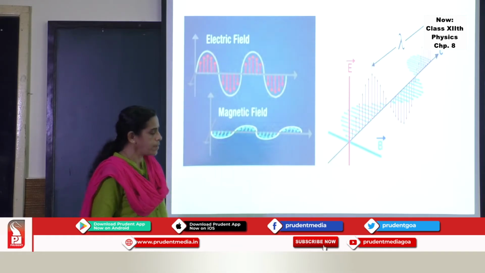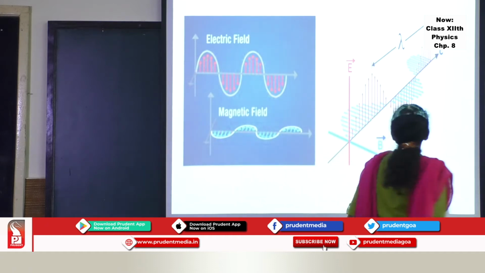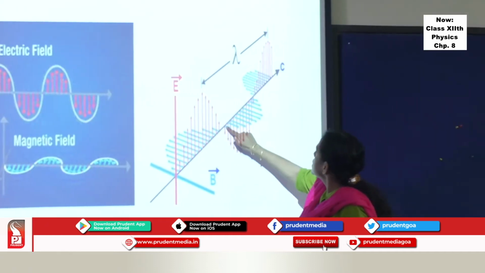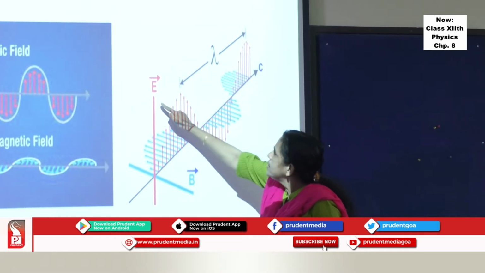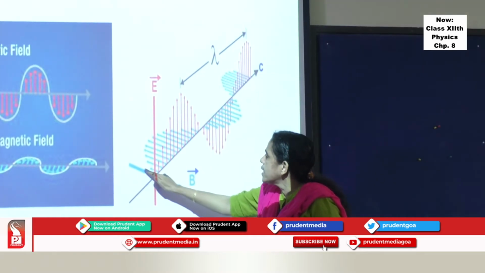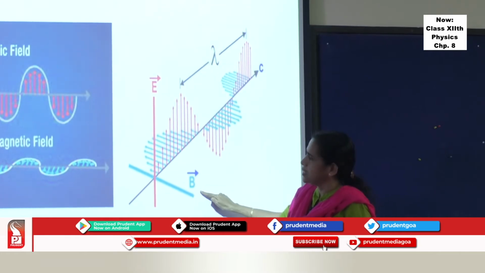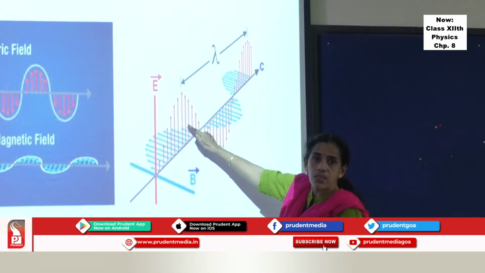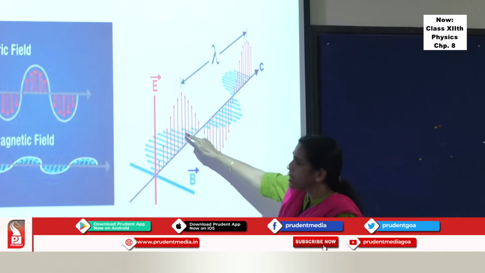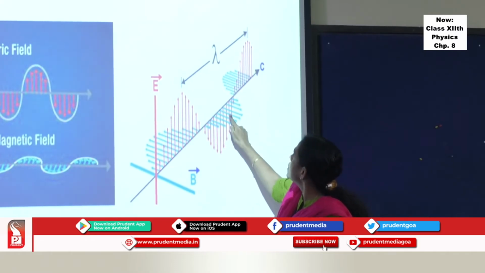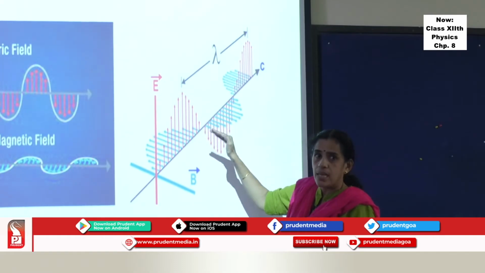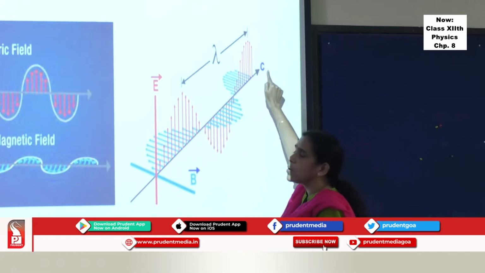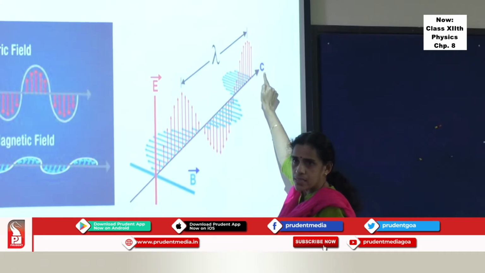Another figure there. You can take this as the x-axis, this as the y-axis, this as the z-axis. The red one is the electric field oscillating along y, blue is the magnetic field oscillating along z-axis, and the wave is moving along x-axis.